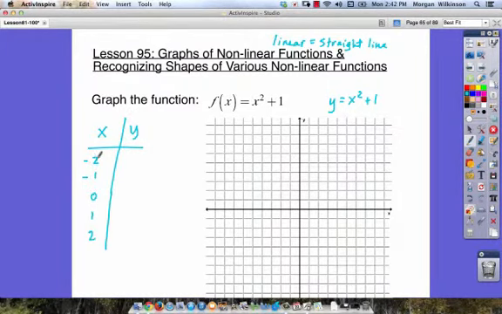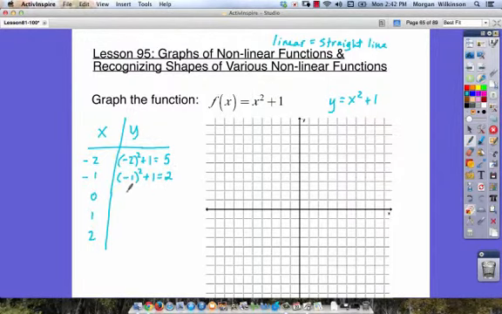If x is -2, we get -2 squared plus 1. -2 times -2 is +4, plus 1 is 5. If x is -1, we get -1 squared plus 1. -1 times -1 is 1, and 1 plus 1 is 2.